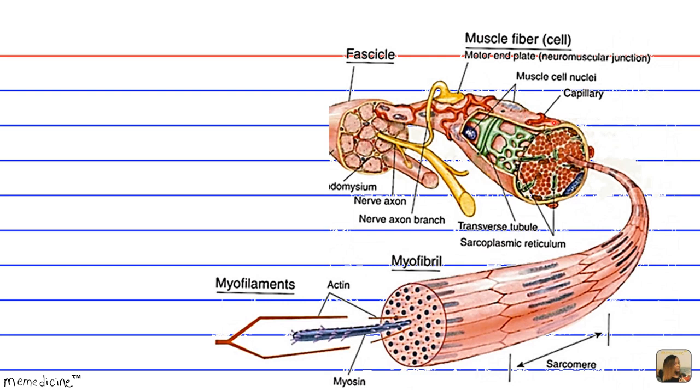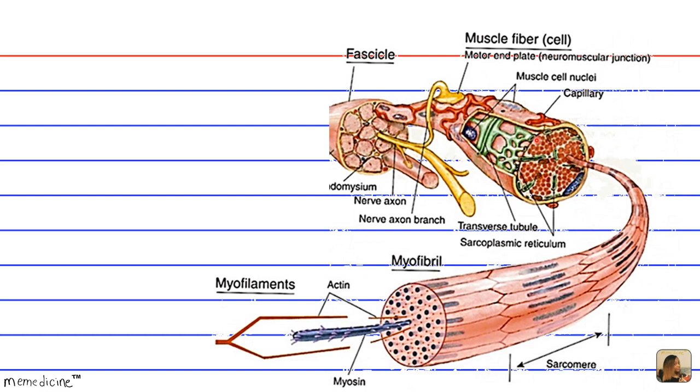So basically, a skeletal or striated muscle fiber is surrounded by a plasma membrane, okay, called the sarcolemma. All right, so the plasma membrane surrounding is called the sarcolemma, which contains sarcoplasm or fluid, which is the cytoplasm of muscle cells.